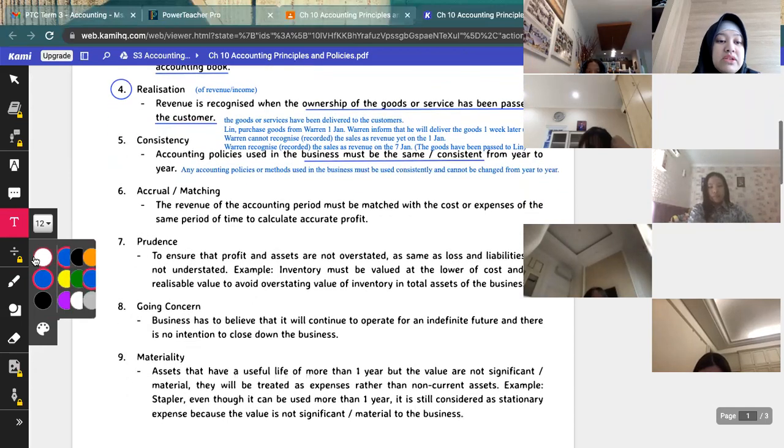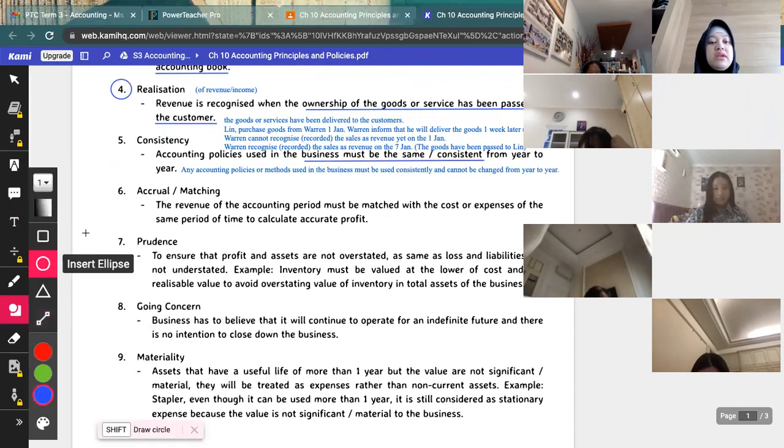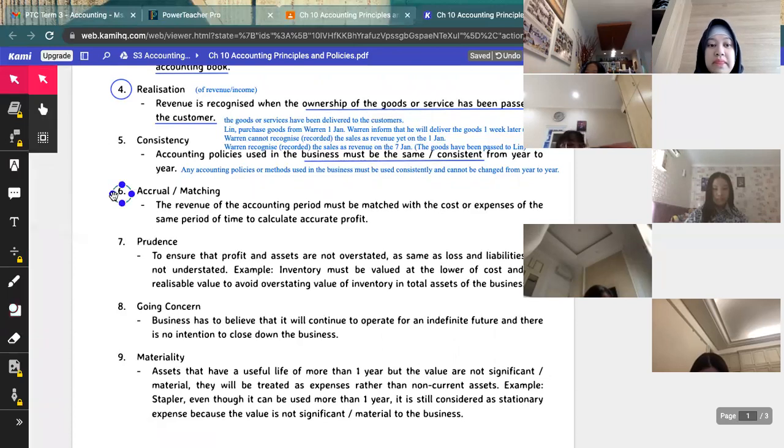Next, accrual and matching. Accrual and matching is another accounting principle that always occurs in the IGCSE accounting. So what is actually accruals or matching? The word is matching. We are matching something with something.